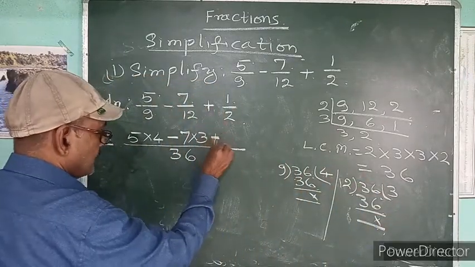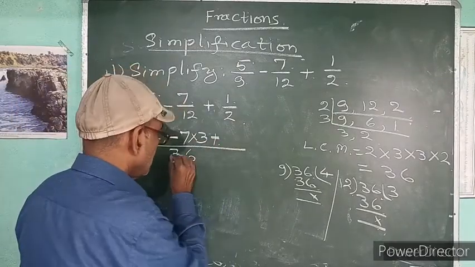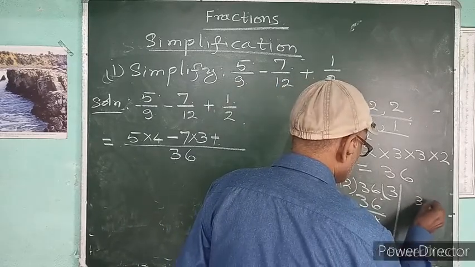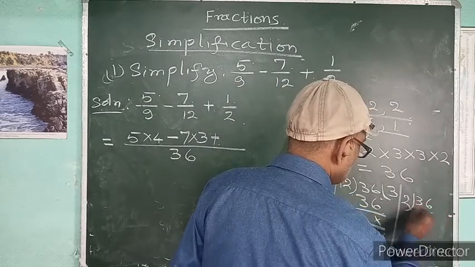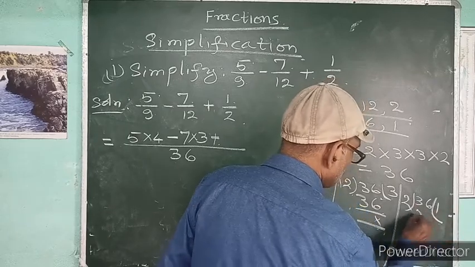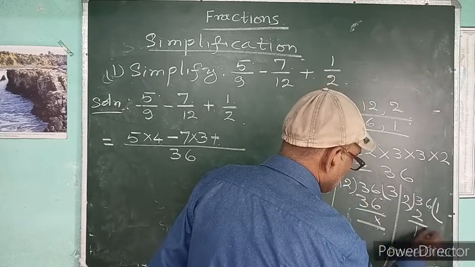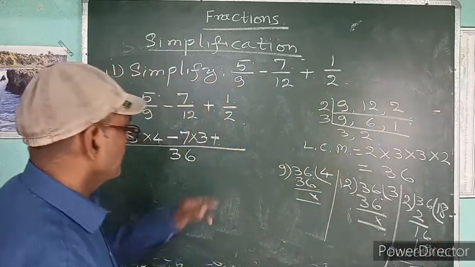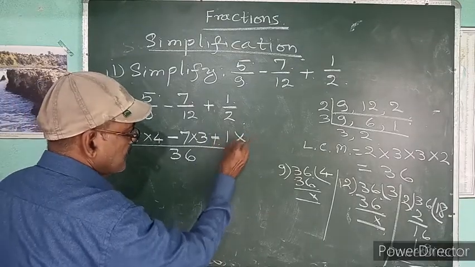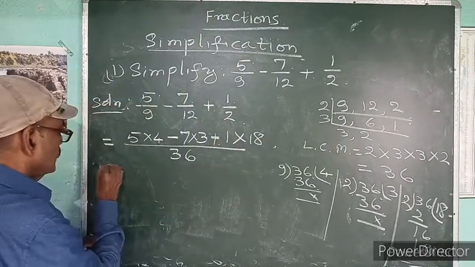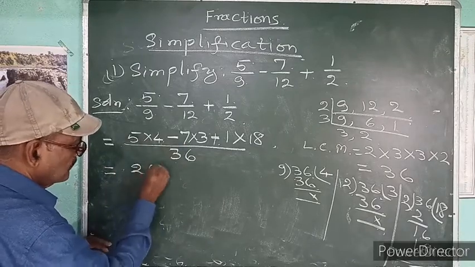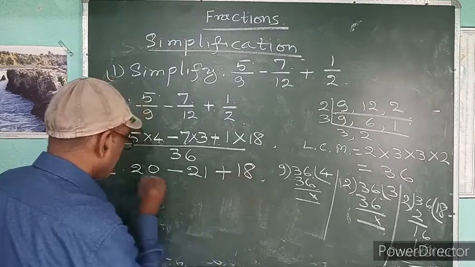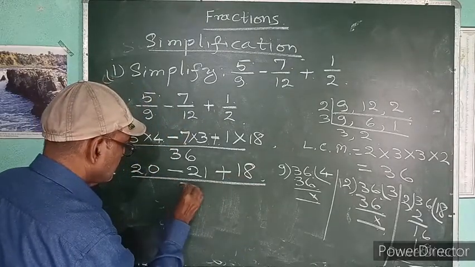Then take down plus. Now divide 36 by 2. It will go 18 times. Multiply 1 by 18. So this will be equal to 20 minus 21 plus 18 upon 36.